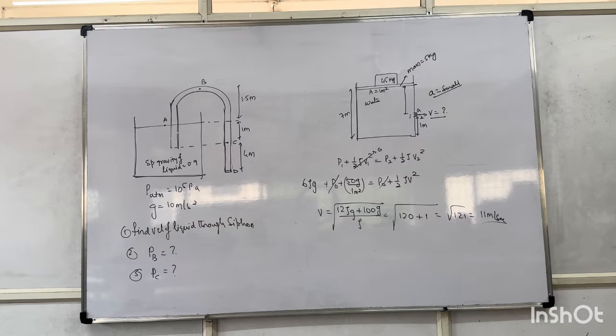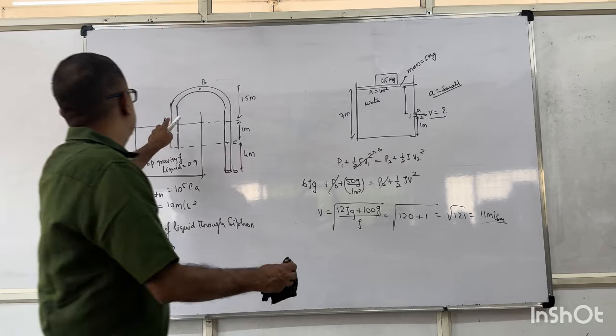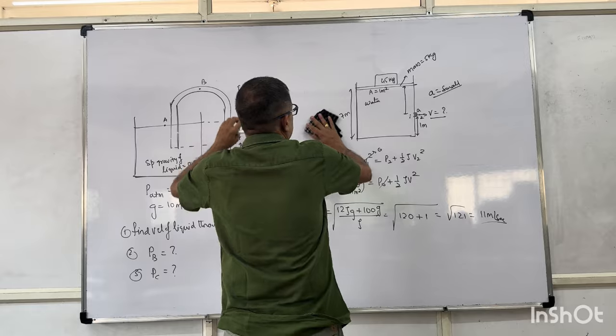To find out the pressure at B, apply Bernoulli's equation at A and B.